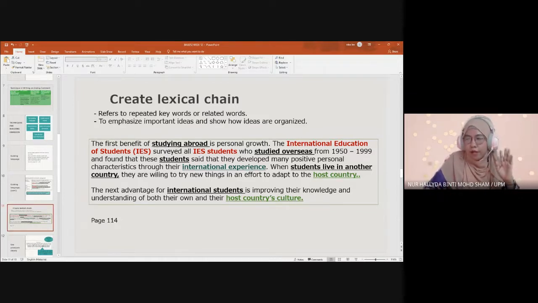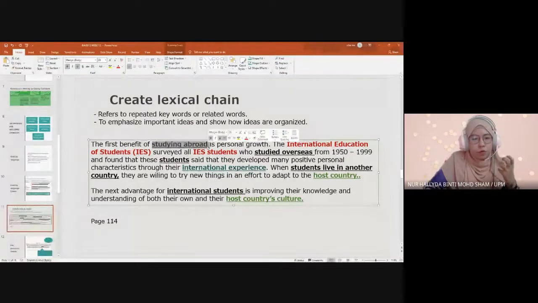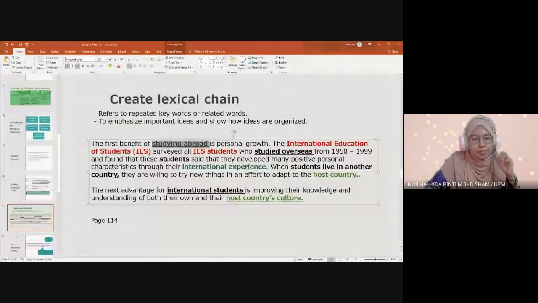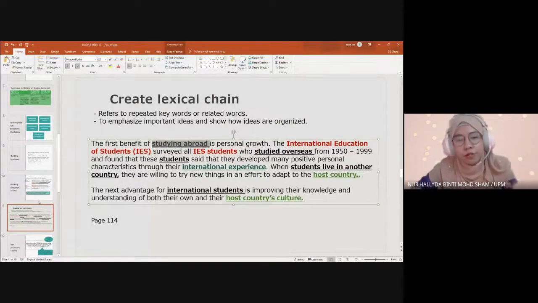Okay, what I want you to pay attention to is the color of the sentence, right? The ones in black bold color. It's basically the same thing, but written in different words. First, I use the words studying abroad. And next, I said studied overseas. Next, I use students. And then next, I use students live in another country.